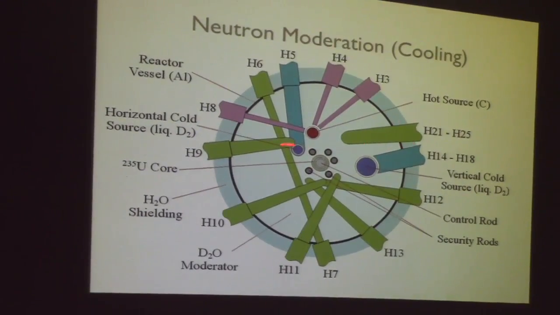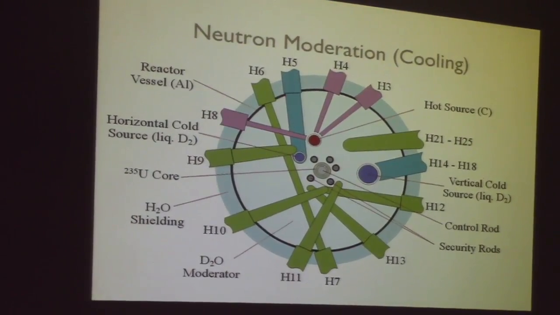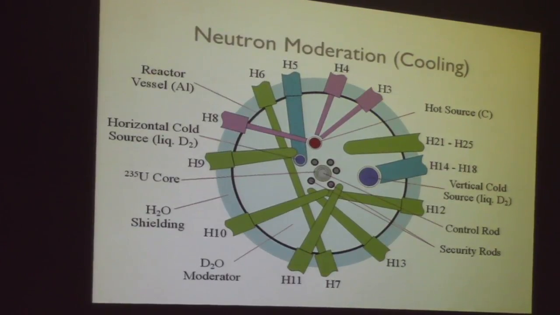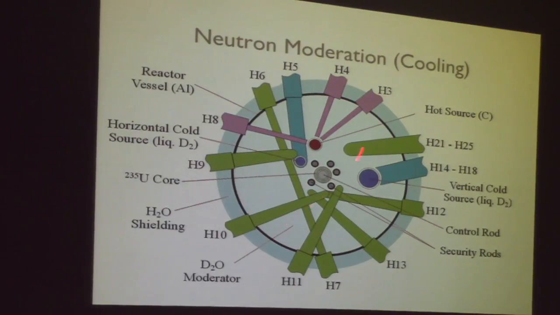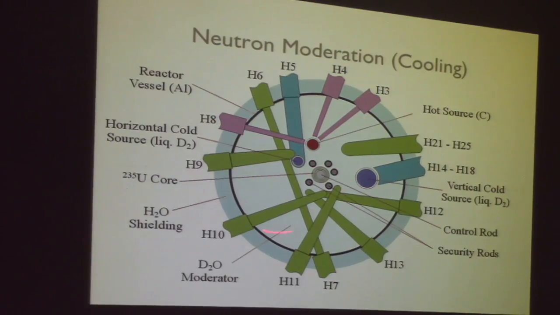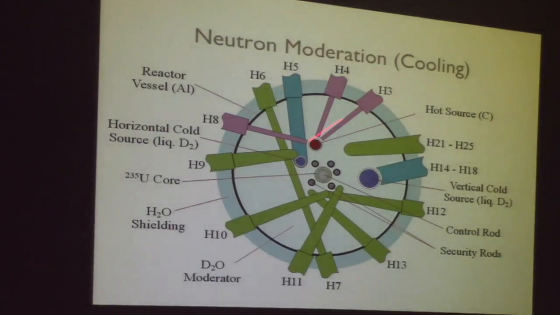And then these things here are beam tubes. They're evacuated tubes made of some kind of metal that poke into this moderator, and the neutrons are just scattering around. But if they happen to scatter in this direction, instead of being scattered again, they'll go into this tube and they'll come out of this tube.